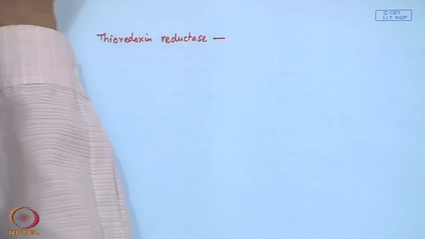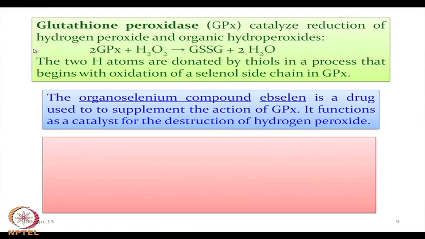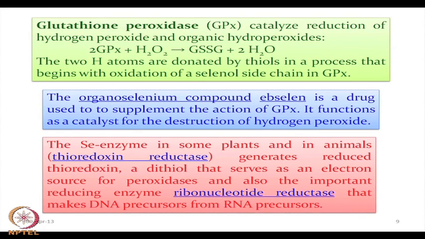So, this is the glutathione peroxidase behavior what we have seen, and the organoselenium compound ebselen is also utilized as a drug for the corresponding action of this glutathione peroxidase, and the catalyst is utilized for the destruction of this hydrogen peroxide.